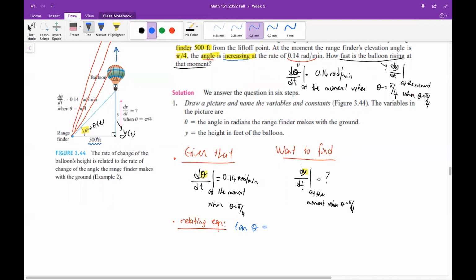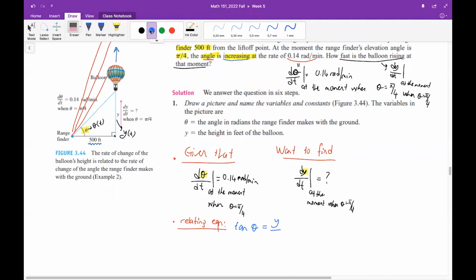It never changes in time. That's why you can insert this constant value into your equation. For example, you cannot insert pi over 4 here for theta because it is changing in time. That's why, okay, 500 feet is here, y is here, tangent theta is y over 500.